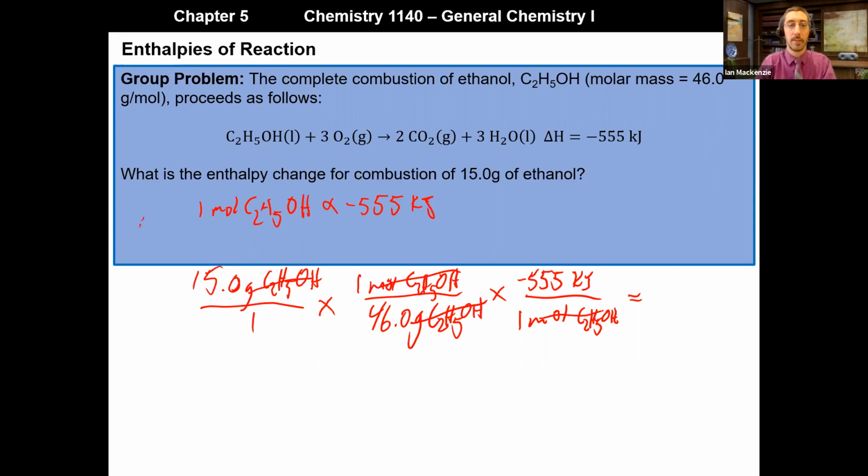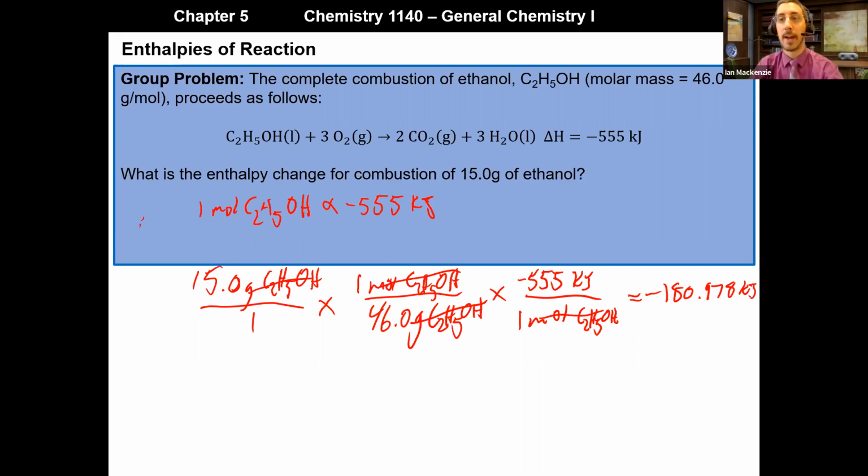So if I multiply this through, pull out my calculator, 15.0 divided by 46.0, and then times negative 555, I come out with a number here that is negative 180.978 kilojoules.